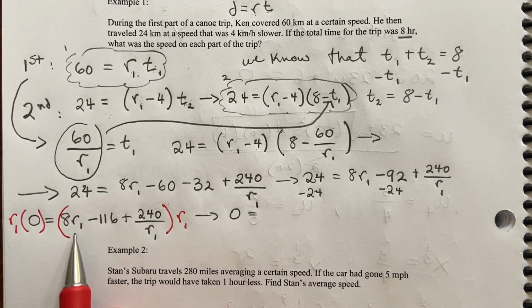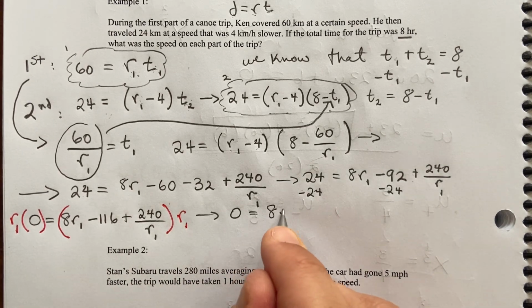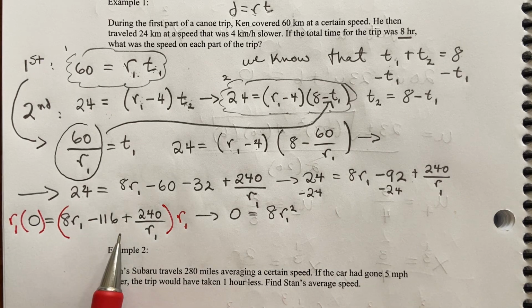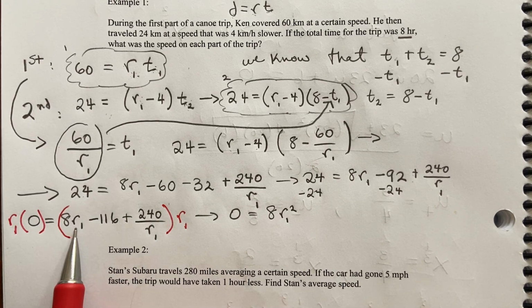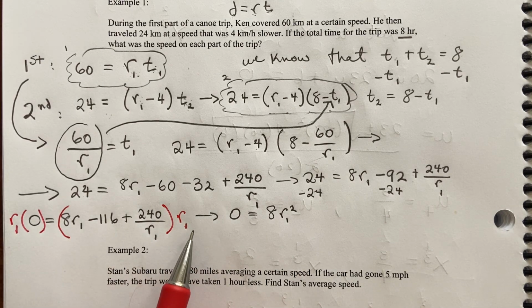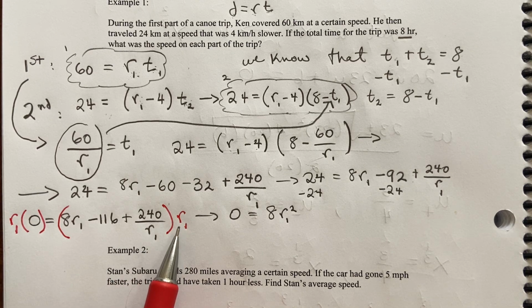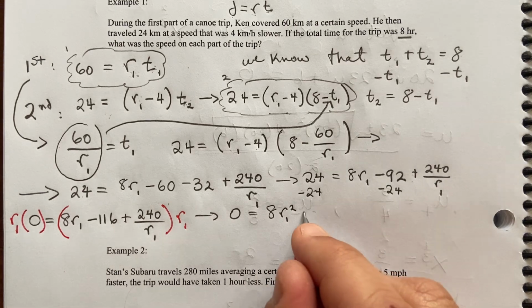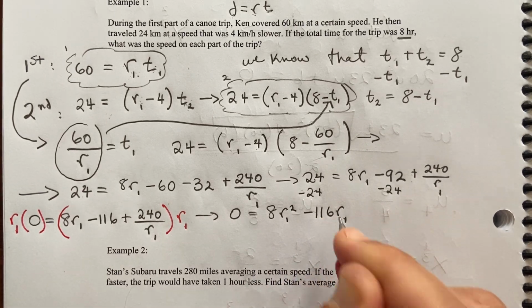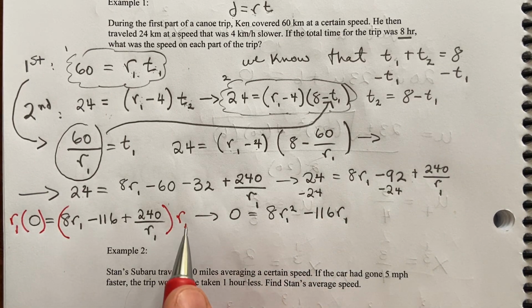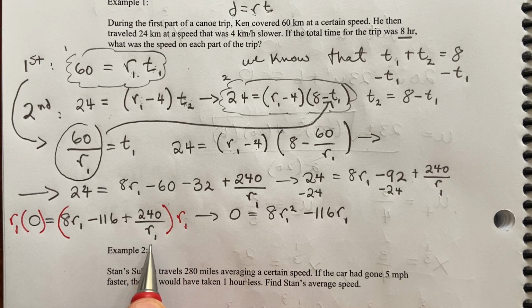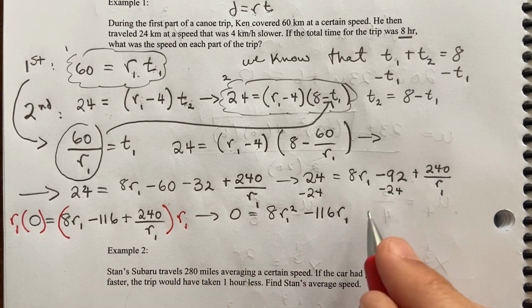And now I have R1 squared. So I'll have 8R1 squared, right? Because R1 times R1. And then I have negative 116 times R1. So minus 116R1. And then R1 times 240 over R1 will just be 240.